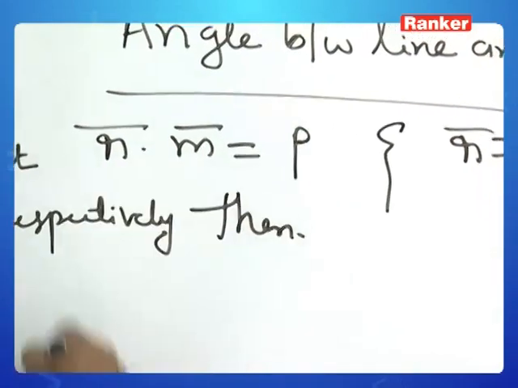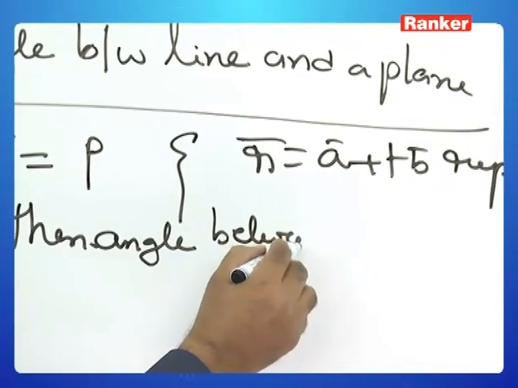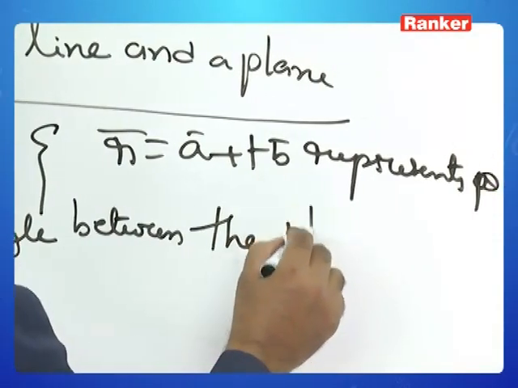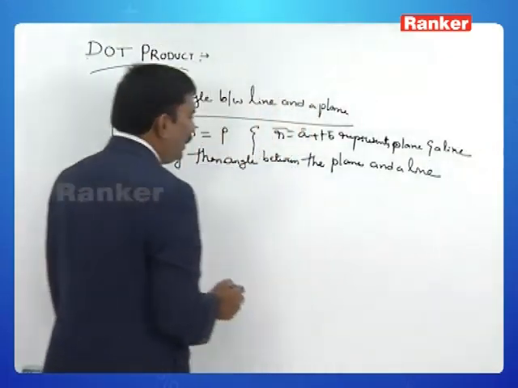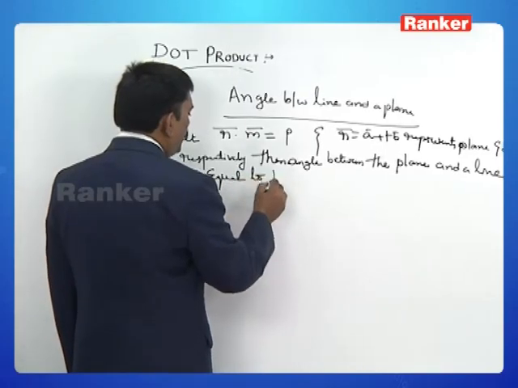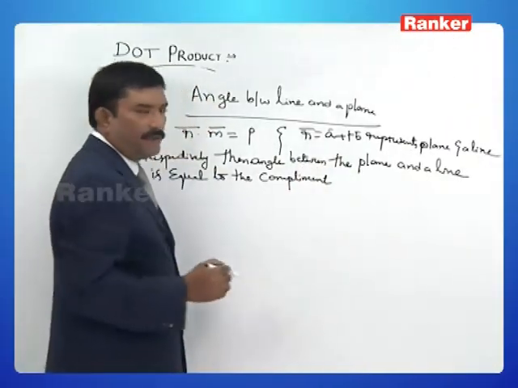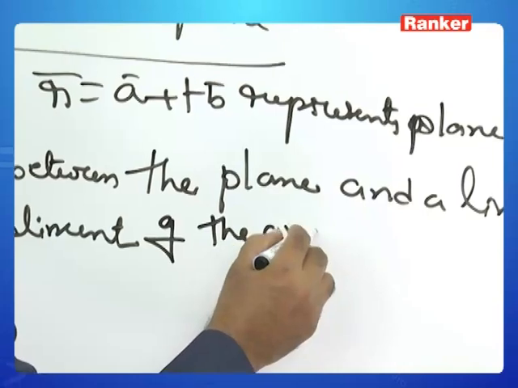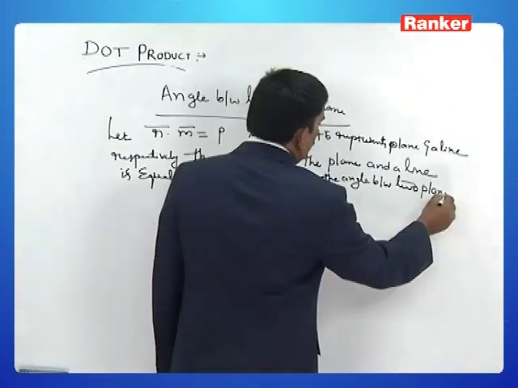Then the angle between the plane and a line is equal to the complement of the angle between two planes or two lines also.